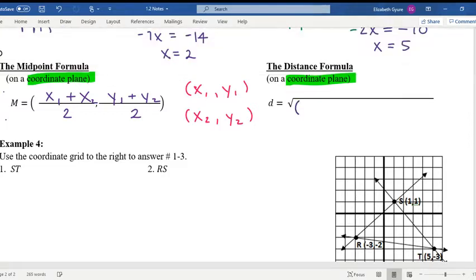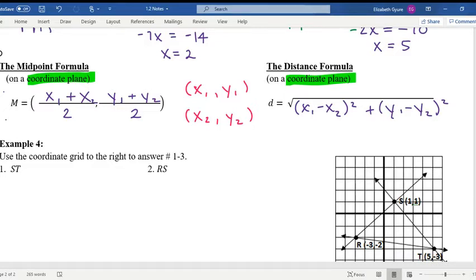I'm going to do x1 minus x2 quantity squared, so put it in parentheses, plus y1 minus y2 quantity squared, and then you have the square root sign over the whole thing. So subtract your x's, square it, plus subtract your y's, square it, and then square root the whole thing.